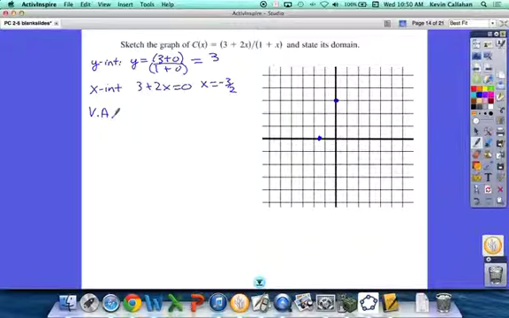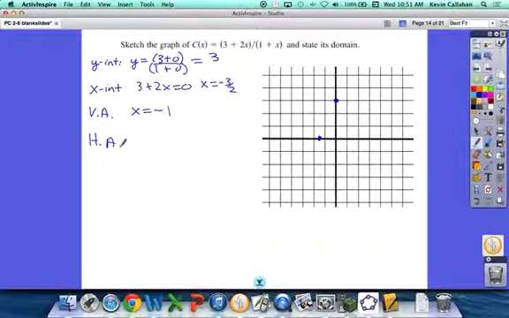How do we do the vertical asymptotes? Zeros of the denominator. What are the zeros of this denominator? Negative 1, right? It has nothing to do with this. So vertical asymptote, x equals negative 1.